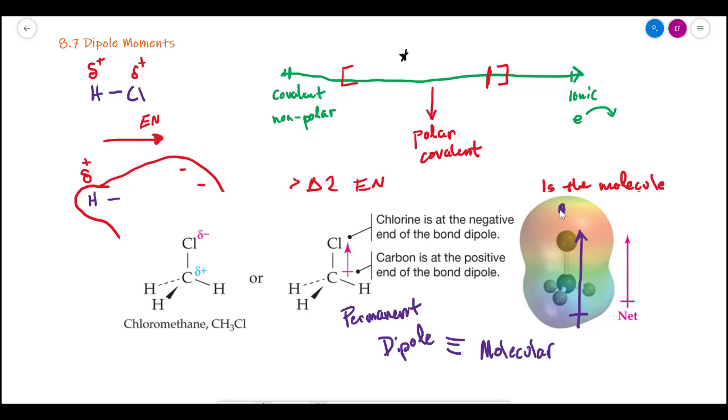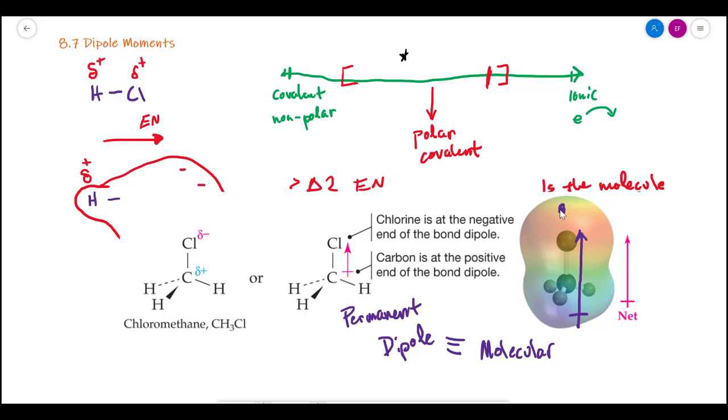So when we're talking about polarity, typically we're talking about polarity of an individual bond. But when we add up all of the vectors of the differences between electronegativity in the atoms in a molecule, and if that turns out to give you a net difference in one direction, then we say that molecule has a permanent dipole. And we say the molecule itself is polar.